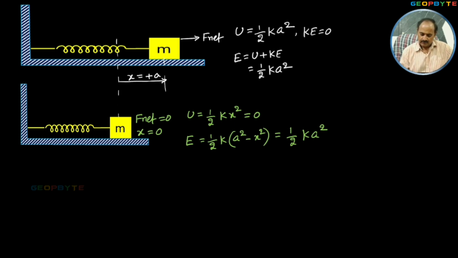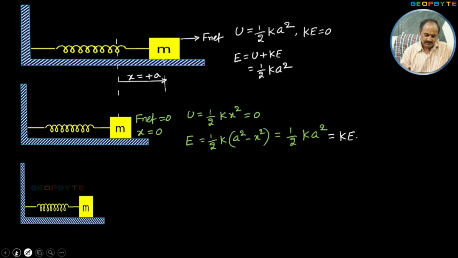Now for the case of the mean position, this total energy is nothing but kinetic energy only. Similarly, if I apply the net force as a compressive force, because of this net force the mass is compressing, or the spring is compressing.